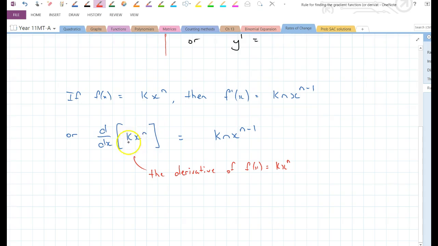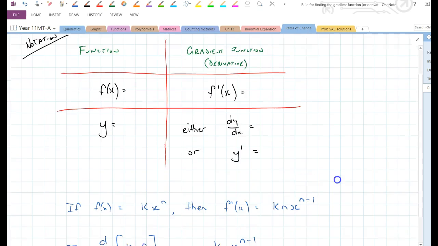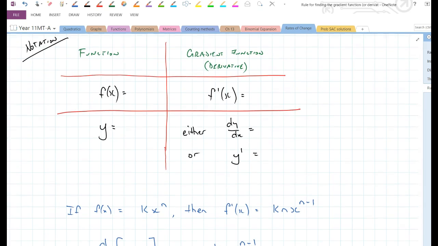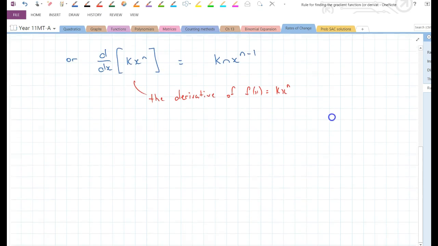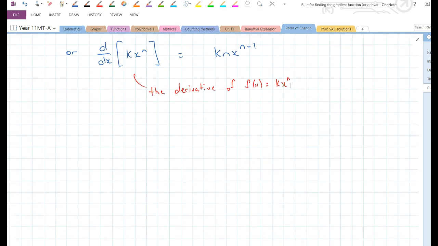So you might see that sort of thing as well. And if you're asked, your translation of that is, I need to find the derivative of that. There you go. Okay, so it's just a bit of strange, odd notation going on with this, and we need to be clear on that. As always, with anything you do, the language is really important. So let's get into some examples.